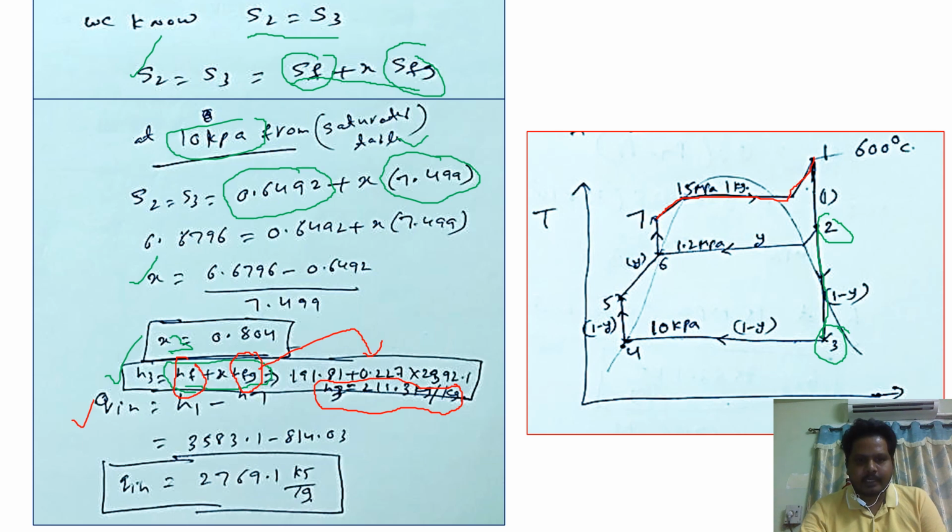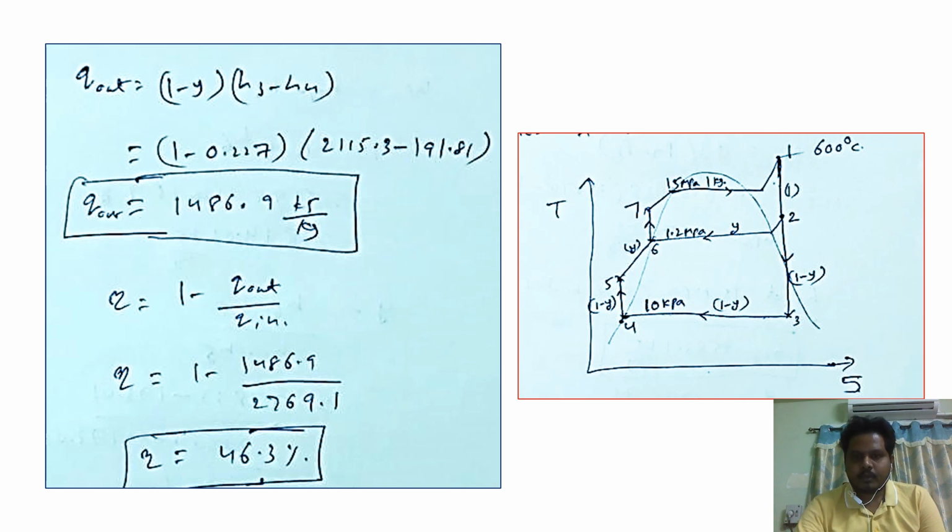So we can write Qin equals H1 minus H7. Since we know the values of H1 and H7, we can find the heat addition in the boiler, that is 2769.1 kilojoule per kg.